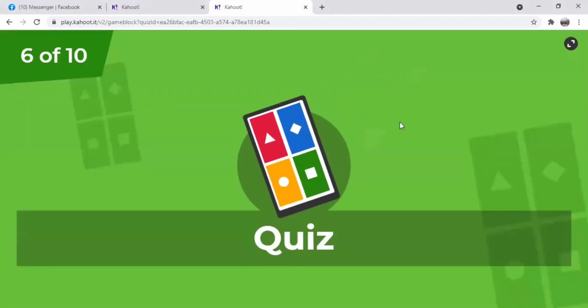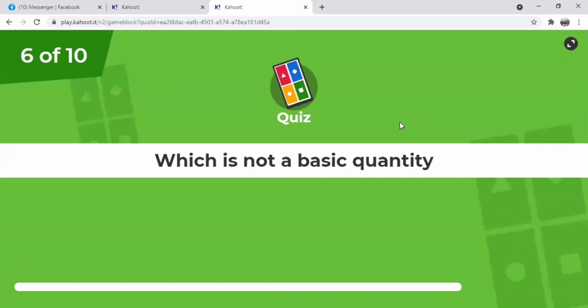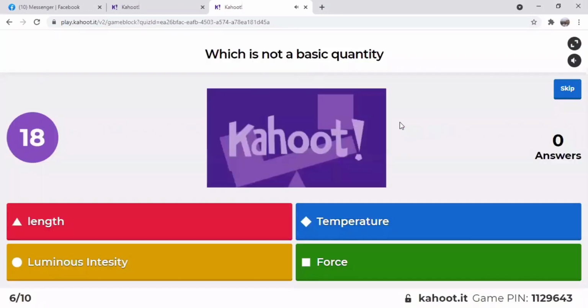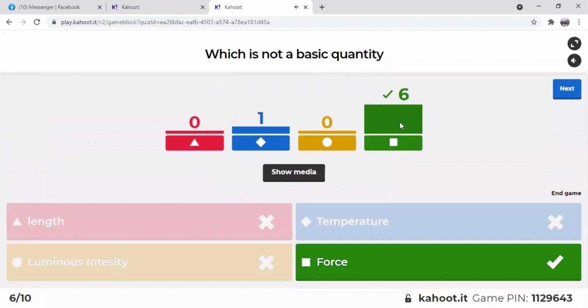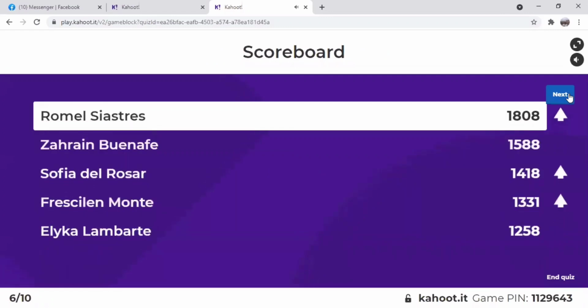Okay. Let's go to question number 6. Which is not a basic quantity? Force is a derived quantity. And Romel is on the top list.